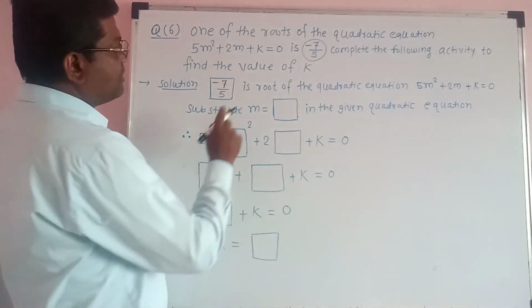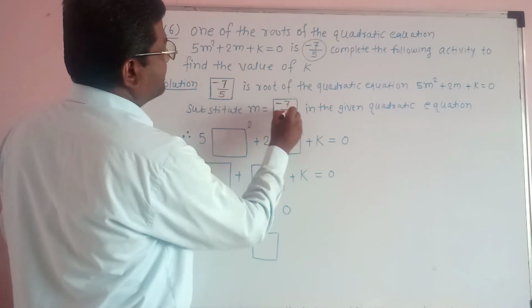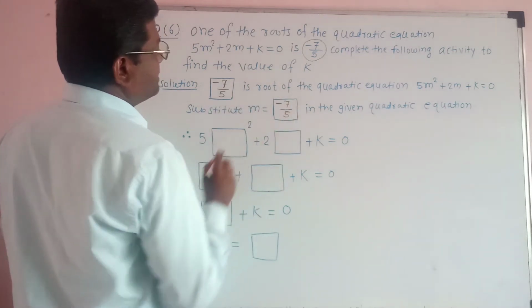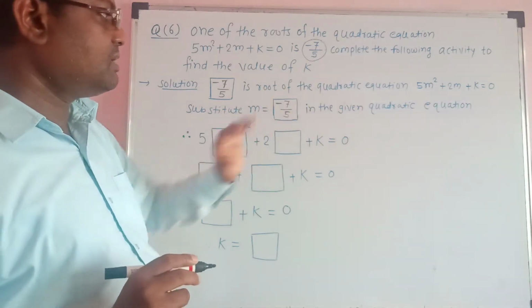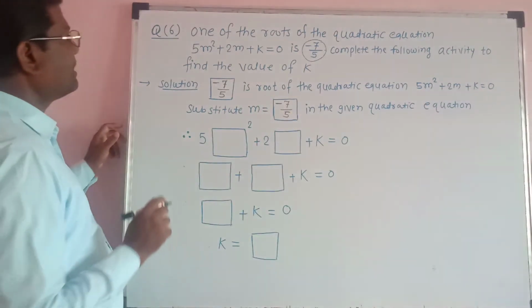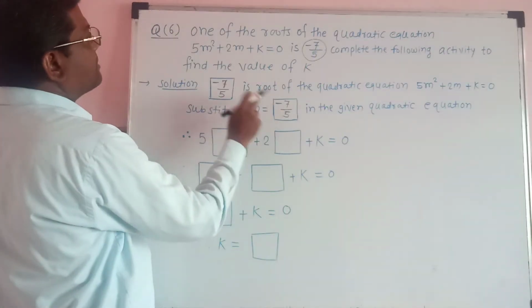So, value of m will be here minus 7 upon 5. So, substitute m is equal to minus 7 upon 5 in the given quadratic equation. Now we put value of m as minus 7 upon 5.